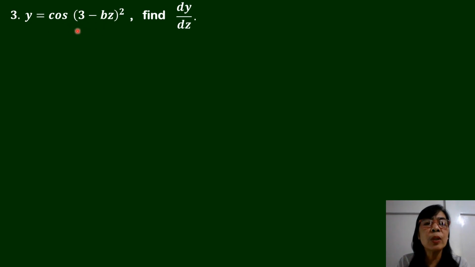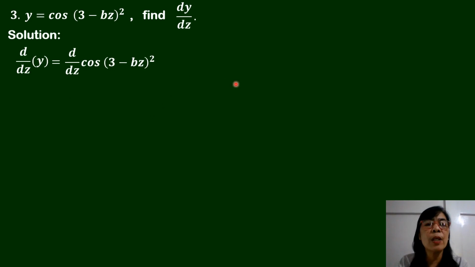It is also important to note here that the exponent 2 has its base 3 minus bz. That means this whole function, the square of 3 minus bz, represents the angle of cosine. So as we find the derivative of y with respect to z, we also find the derivative of cosine and its angle, the quantity 3 minus bz raised to 2.